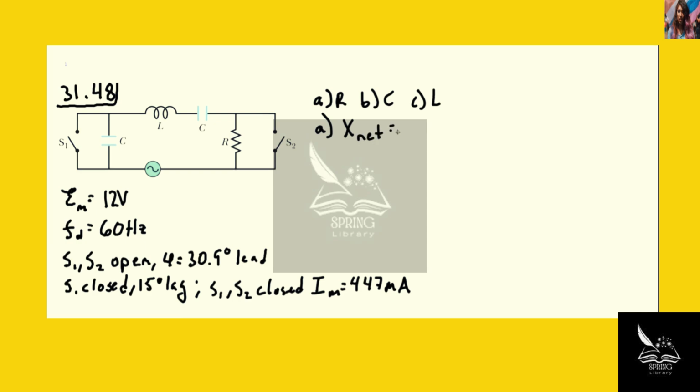So X net equals, and that's our 12 volts divided by our 0.447 amps is equal to 26.85 ohms.